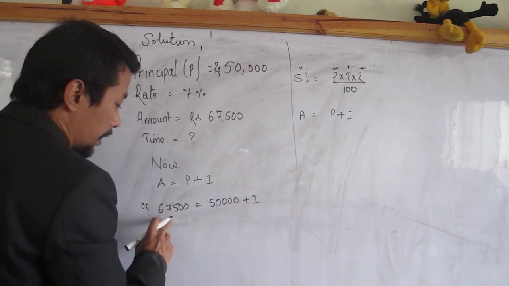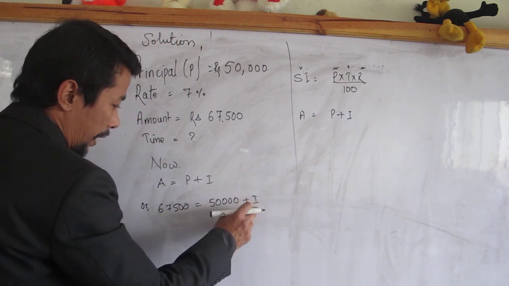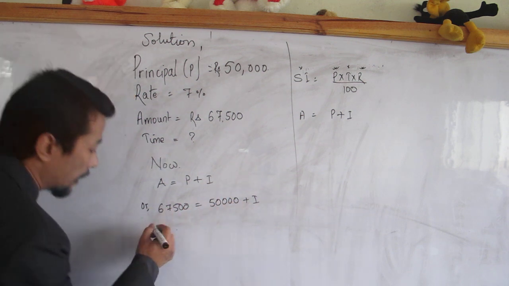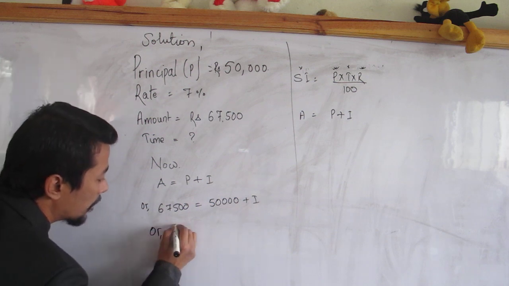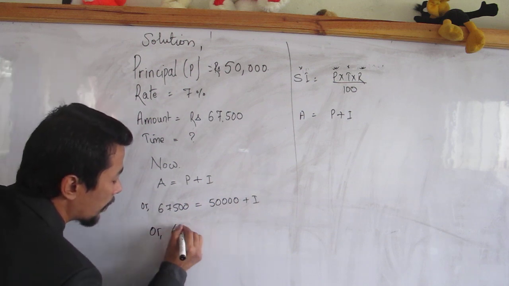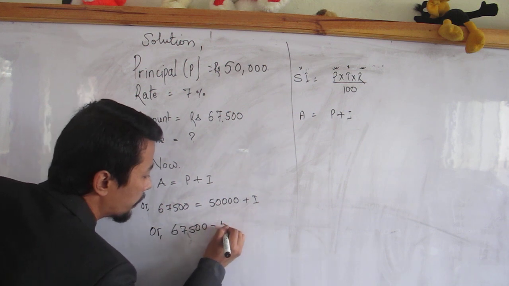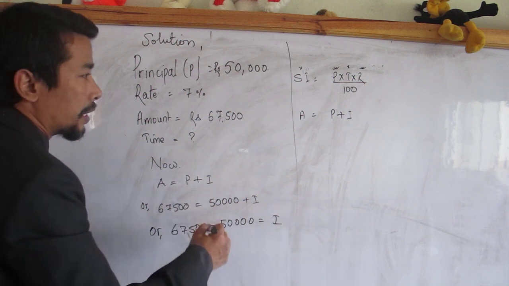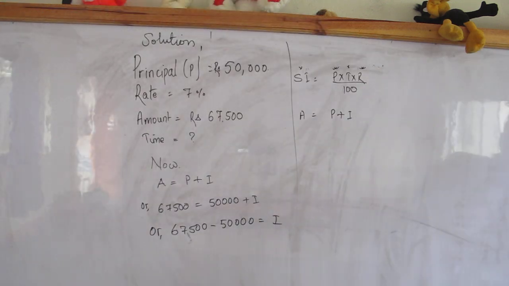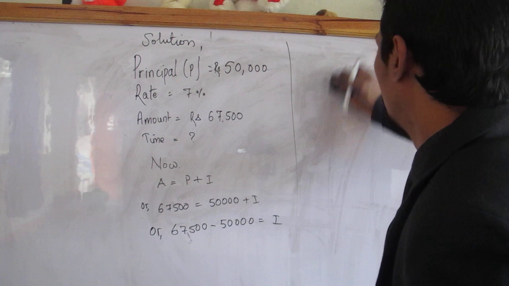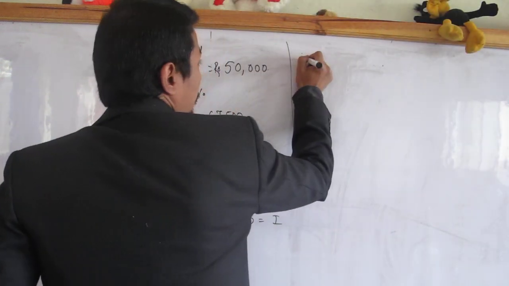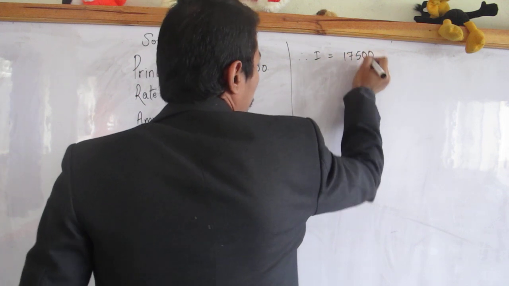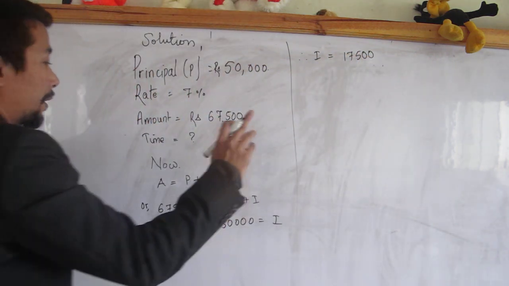Now we can find interest. We send 50,000 to the other side and subtract: 67,500 minus 50,000 will give us interest. Therefore, interest is equal to 17,500 after the subtraction.